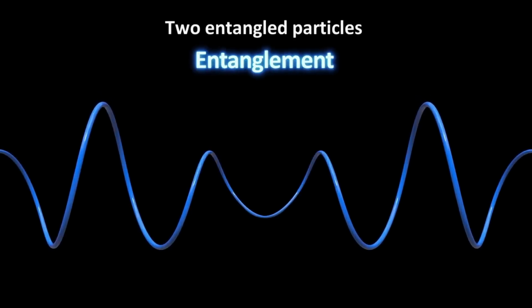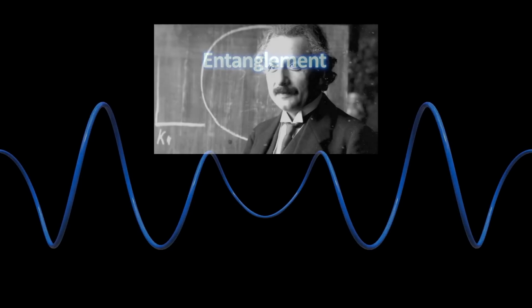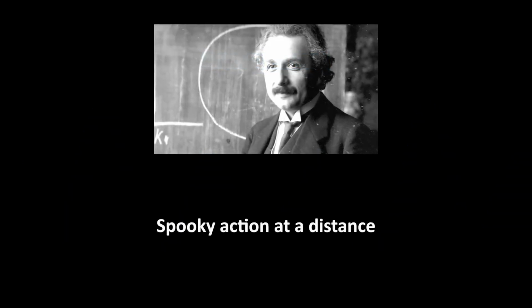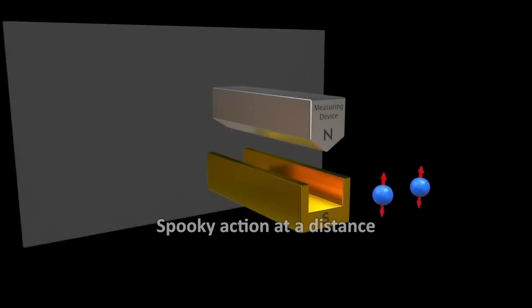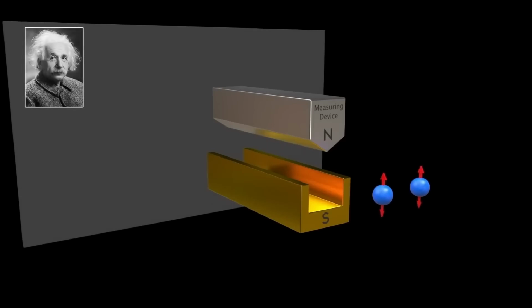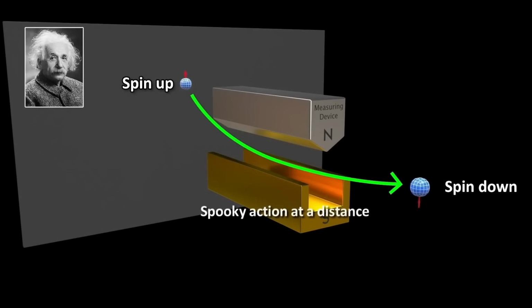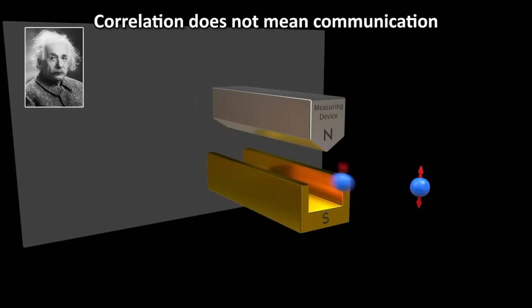This gives rise to a strange correlation between such particles in a phenomenon called entanglement. Einstein called this spooky action at a distance because it appears to indicate instant communication between distant objects at faster than the speed of light, which is forbidden by relativity theory. But while two or more objects are correlated, no communication is actually happening. Correlation does not mean communication.